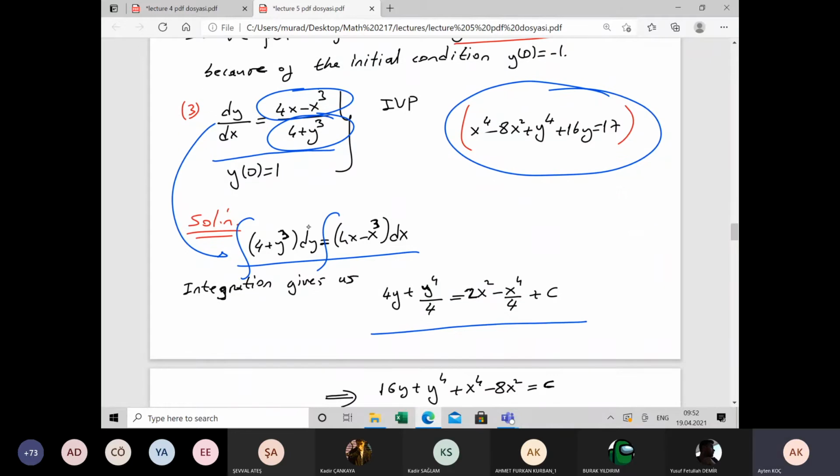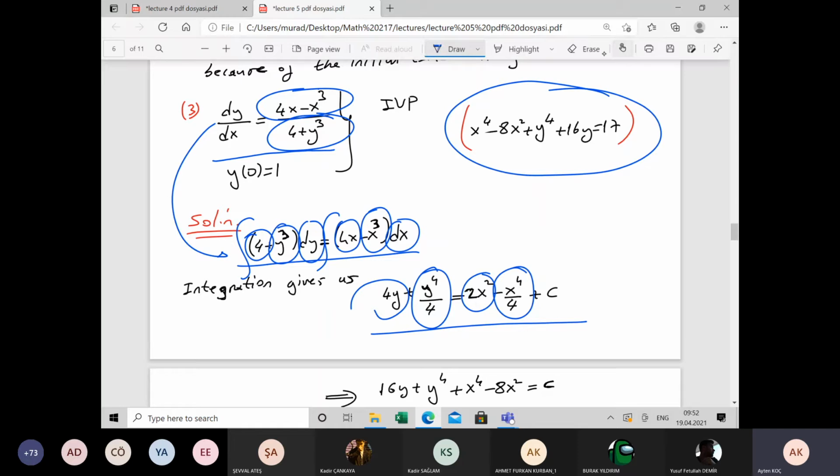It's okay. dy for 4y cubed gives y to the 4 over 4. And dx for x gives 2x squared minus x cubed minus x to the 4 over 4 plus the integration constant c. It's okay. This one is the general solution.